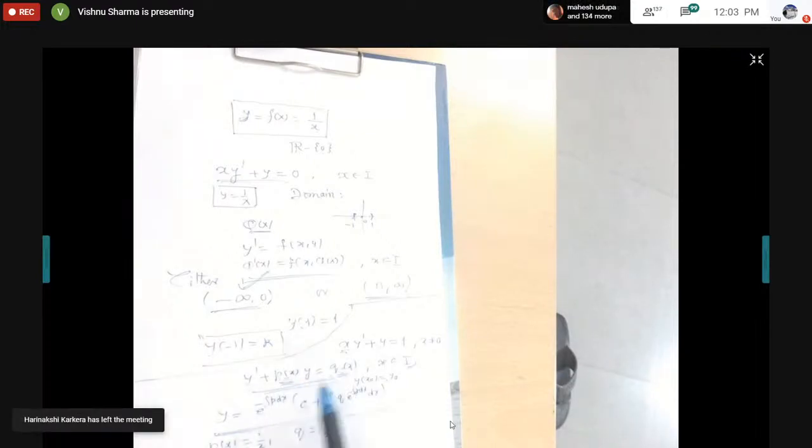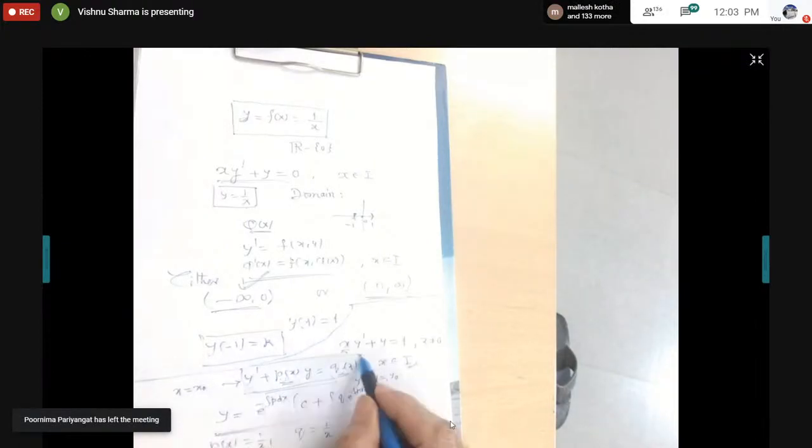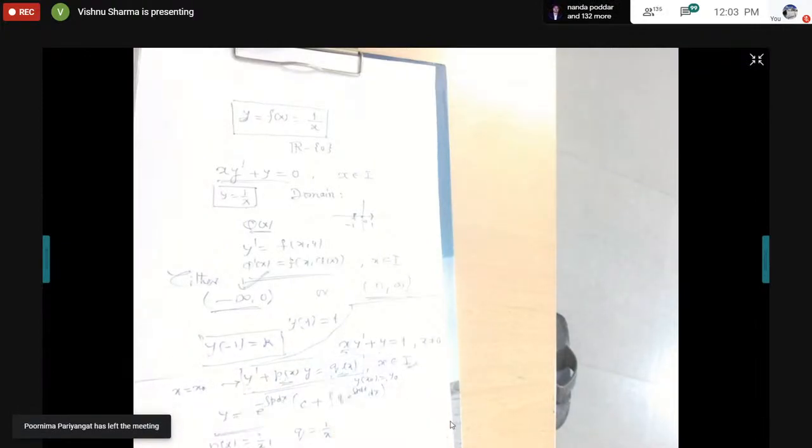If P and Q exhibit a singularity at, say, x is equal to x naught, my question is: what can be said about the solution of the differential equation at x is equal to x naught? Either minus infinity to x naught, or x naught to infinity. That is right. My question is whether the solution will exhibit a discontinuity at x naught.